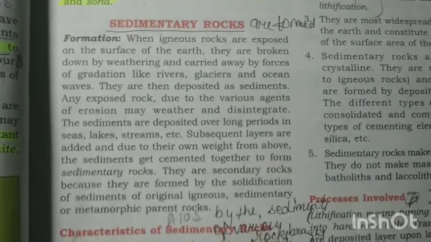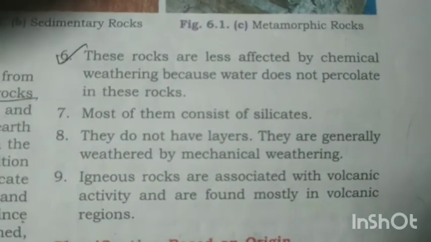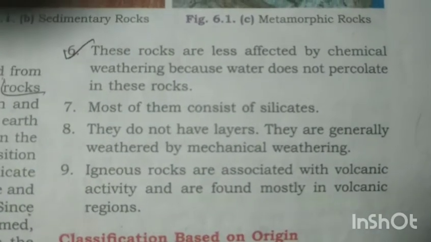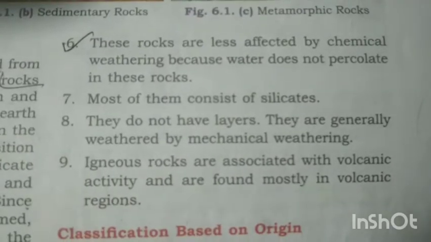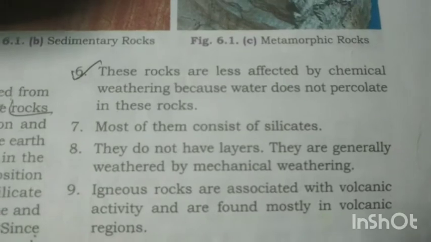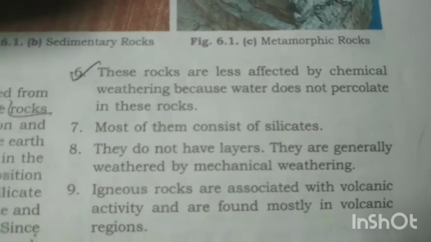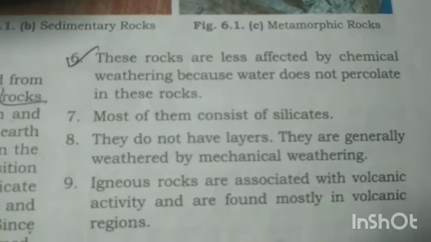Now the next form of rock is sedimentary rocks. In igneous rock, we read that because of physical weathering, sometimes igneous rocks tend to decompose. They tend to break down into smaller units.